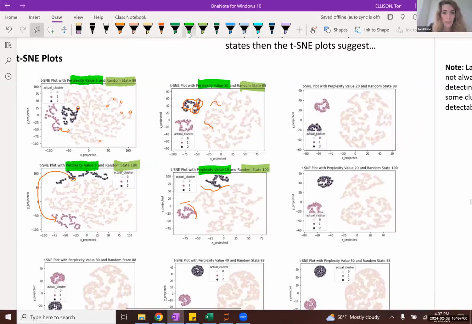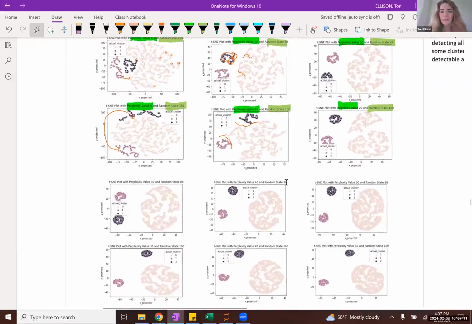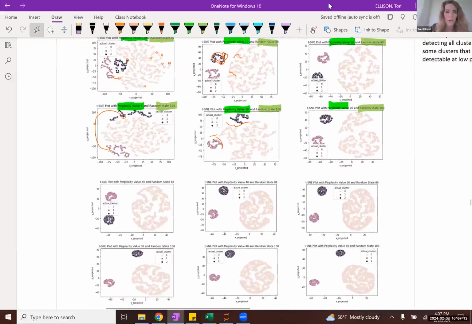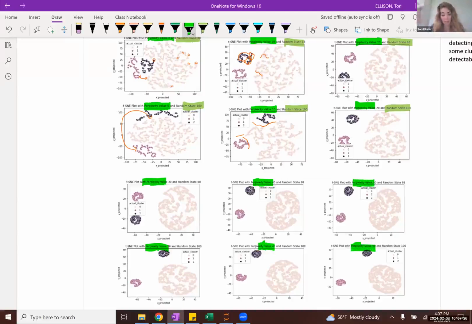So what we should do is keep going and jump up to higher perplexity values, again looking at this for multiple random states. Okay, so here we have TSNE plots with perplexity value of 20. And I'm going to do the same thing, going up to 30, looking at plots for perplexity value of 40, all the way up to our suggested upper bound perplexity range of 50.